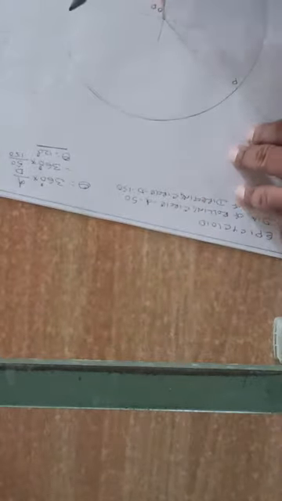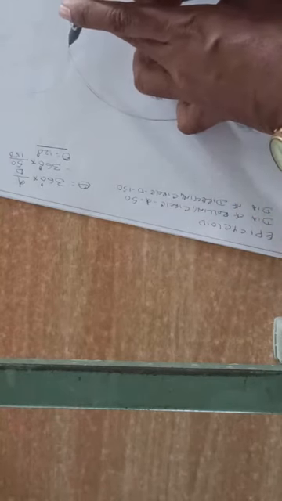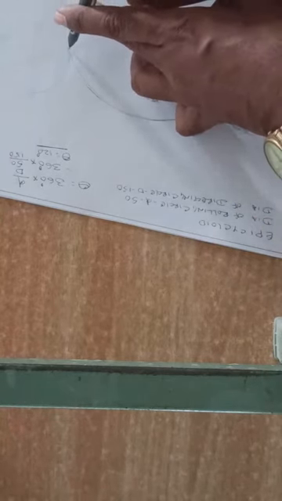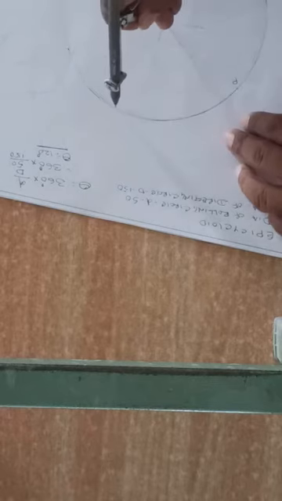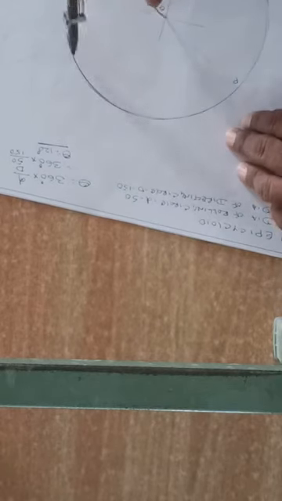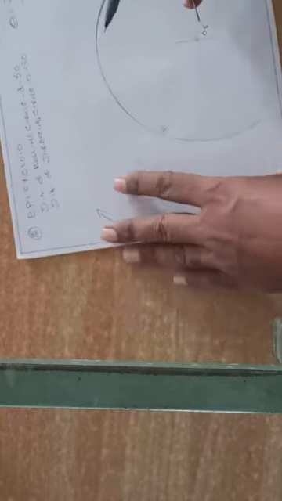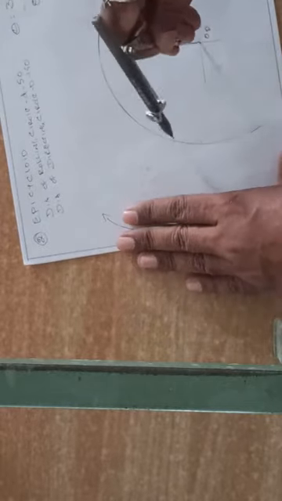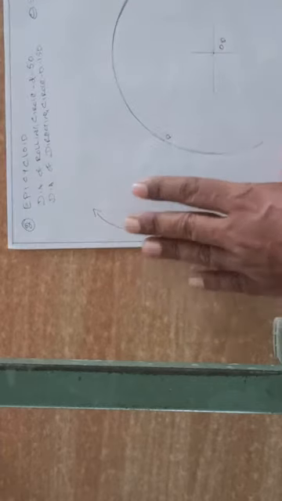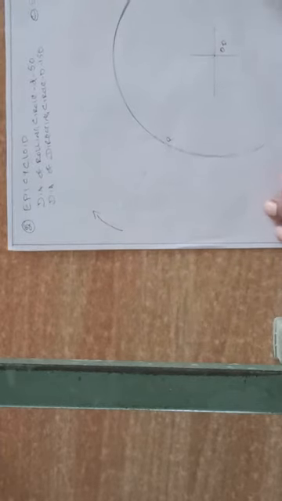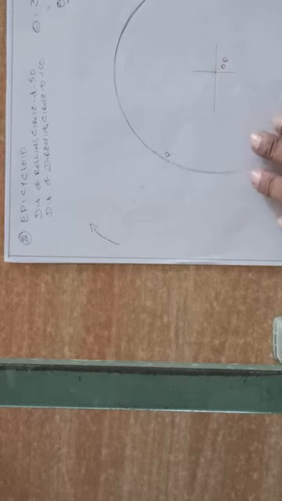Like this, that is the part of the circle, the directing circle. It should be a little thick because this is the directing circle. Right. Now the angle obtained is 120 degrees.